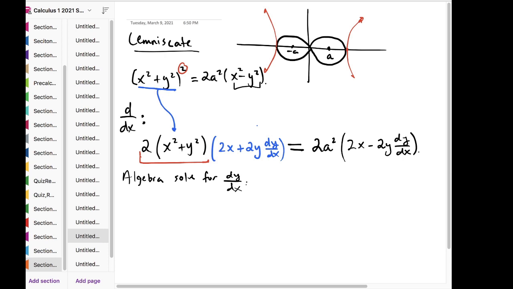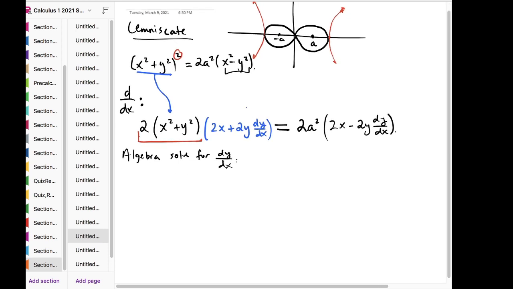The funny thing about calculus is that the actual calculus is not too bad, as long as you memorize those formulas. But the hard part is, can you do algebra? So let's simplify this a bit. Here's a 2 and there's a 2, so we can get that out of the way. And then we need to distribute, right? What are we trying to do? We're trying to solve for dy dx.